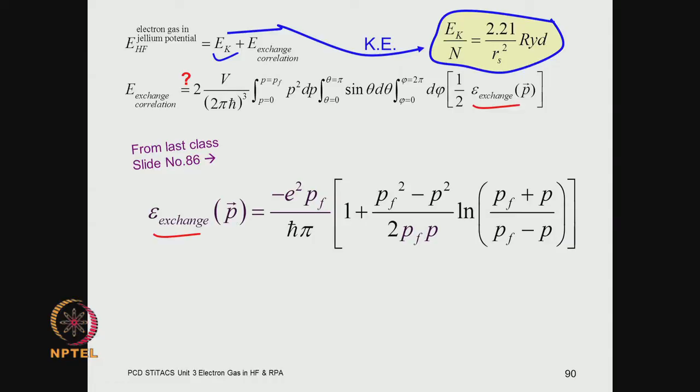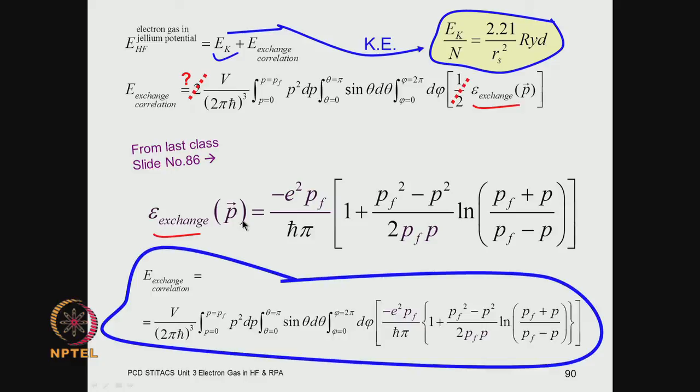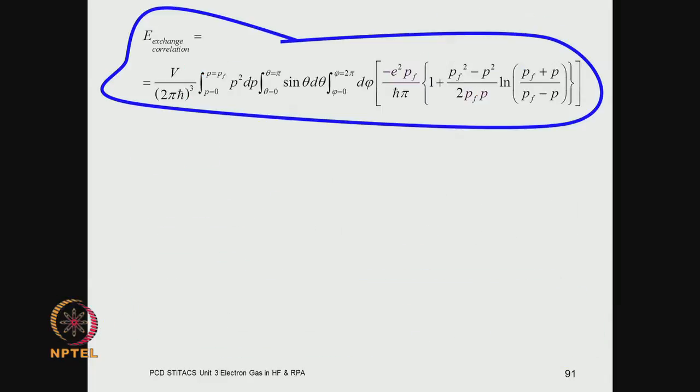Now, this is what we now have to determine. This factor of half cancels the factor 2 here, and you have this integral to be evaluated over P, theta and phi in the reciprocal space, in the momentum space.